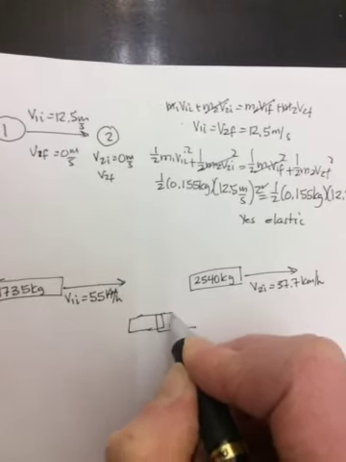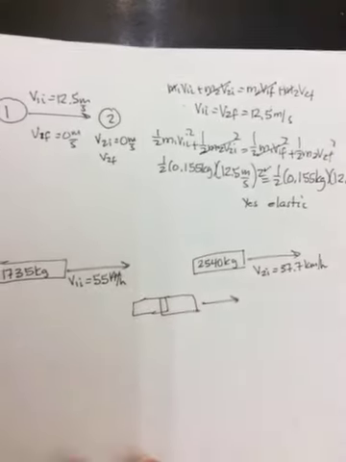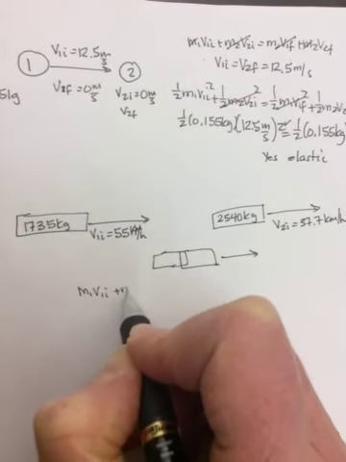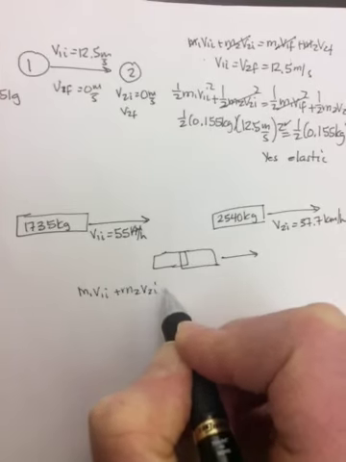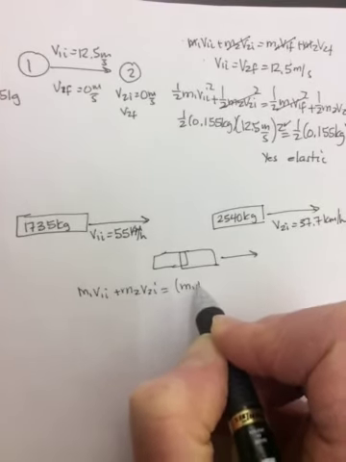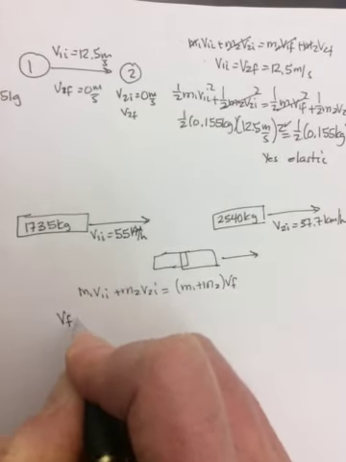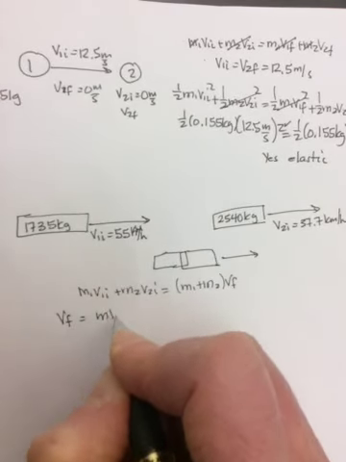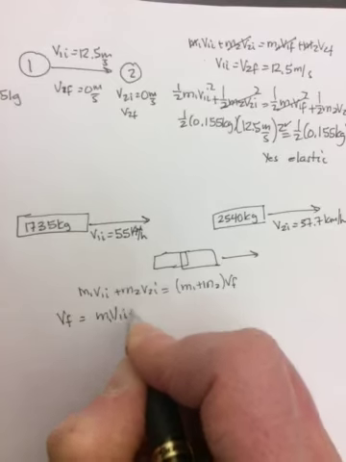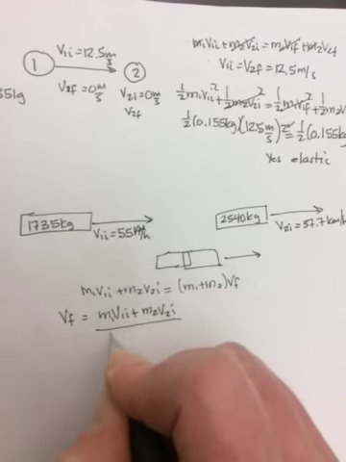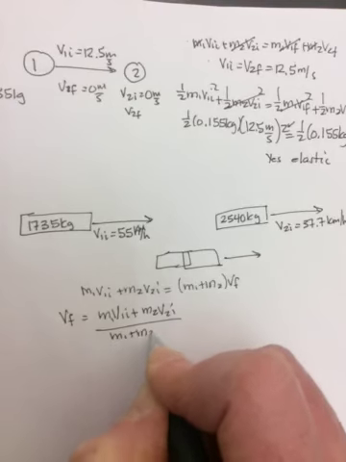Okay, so they're going to stick together like this and go off. So M1V1 initial plus M2V2 initial will equal M1 plus M2 times V final. So V final should equal M1V1 initial plus M2V2 initial divided by M1 plus M2.